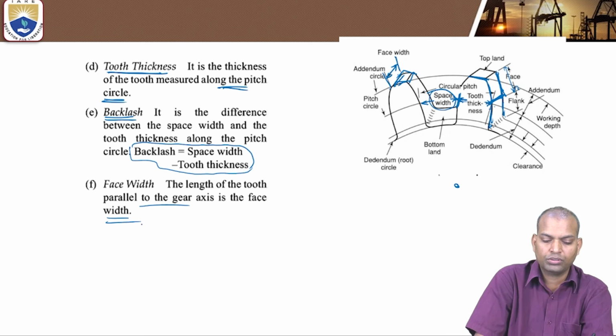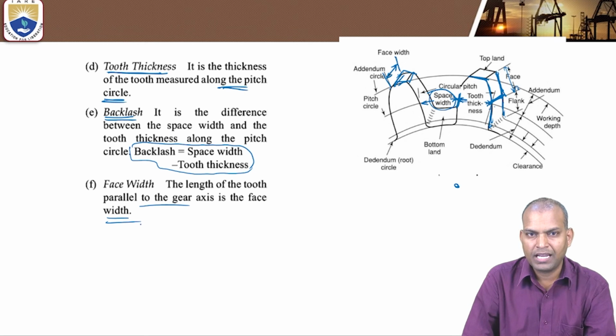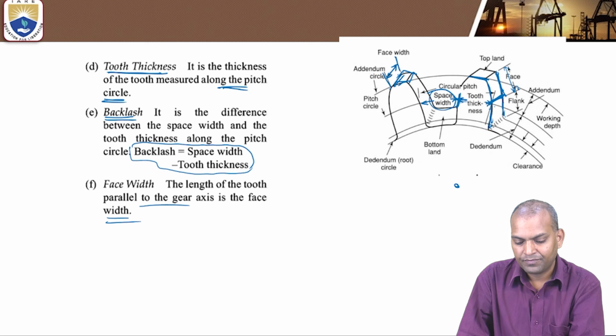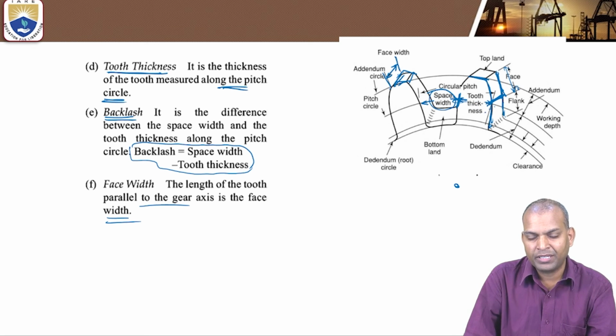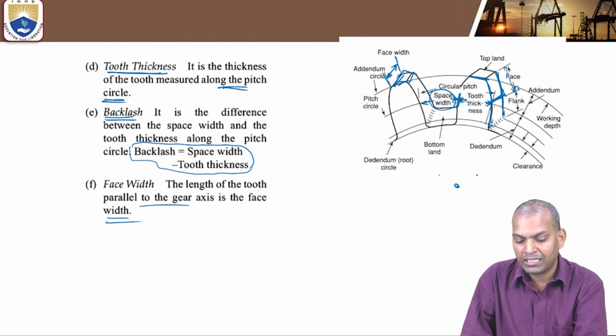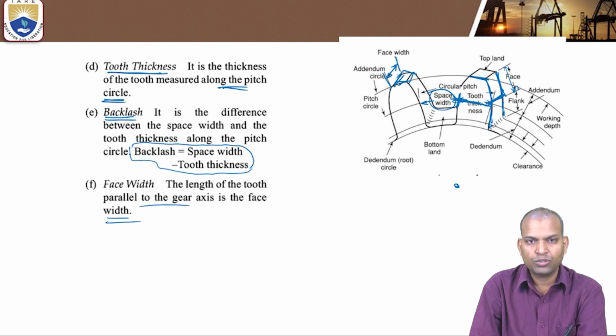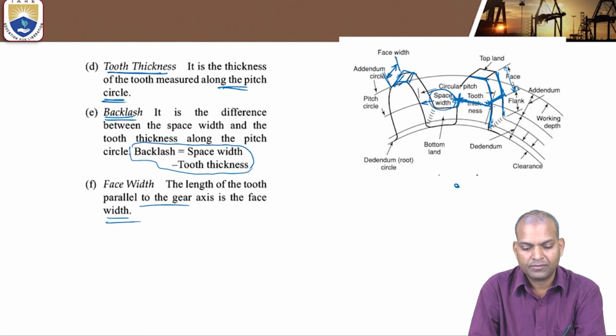The dimension perpendicular to the gear axis, normal to the gear axis, along the pitch circle, is the tooth thickness. This tooth thickness is perpendicular to the gear axis. And the space width is the width between two teeth.